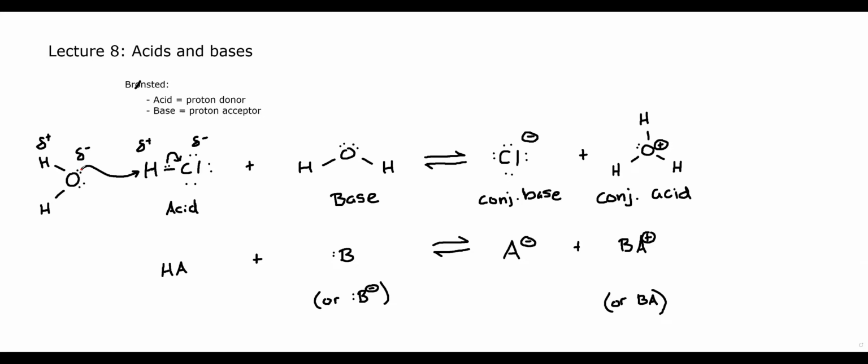The lone pair on our base, in this case water, is forming a bond with this acidic hydrogen, this H. The hydrogen is leaving behind its 2-electron bond, and we're showing that with this small arrow here, where this bond is essentially popping off, breaking, and those 2 electrons are just ending up on chlorine as a lone pair. Over here on the products, I drew the lone pair in red. That red lone pair used to be an HCl bond. Now it's a lone pair on chlorine.